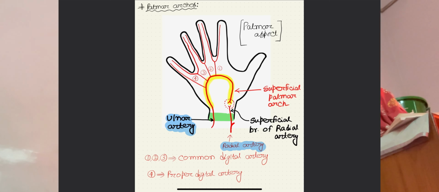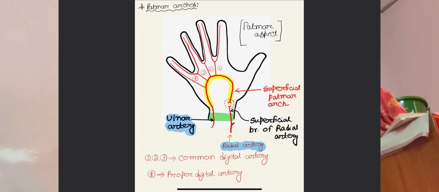Now from the superficial palmar arch, we can see that four arteries are shown there. 1, 2, 3 and 4 are named. In this, 1, 2 and 3 are called common digital arteries, and these three common digital arteries further divide into proper digital arteries. We can see four proper digital arteries.